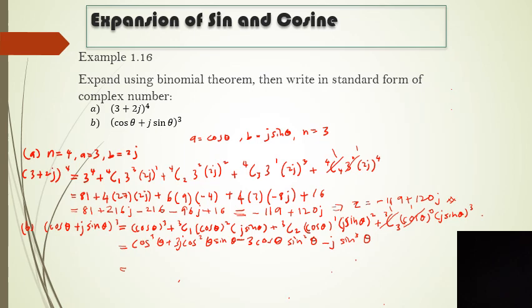So it will be cos cubed theta minus 3 cos theta sine squared theta, plus 3j, 3 cos squared theta sine theta minus sine cubed theta. Don't forget the j. Okay, so now it's already in standard form. That's it.